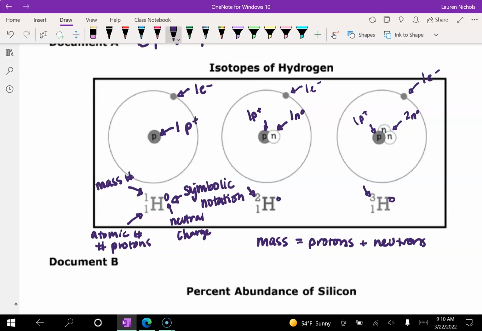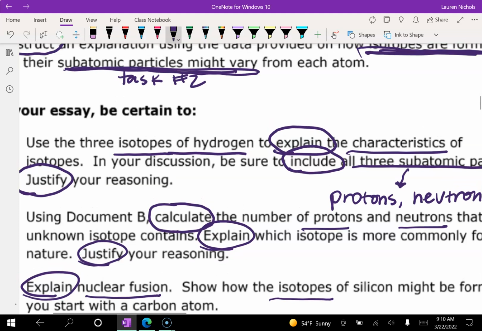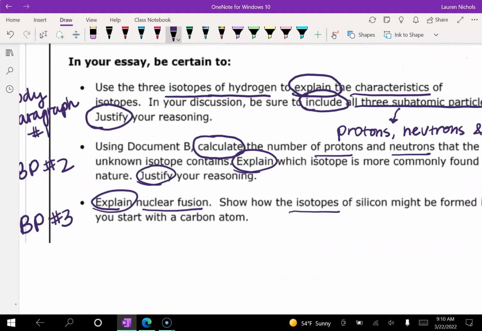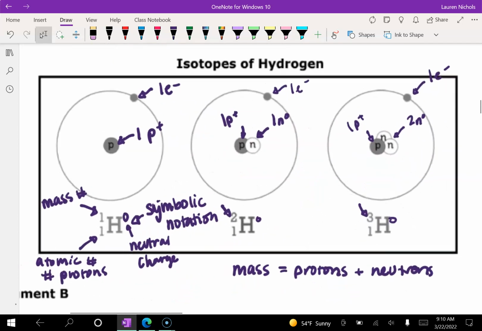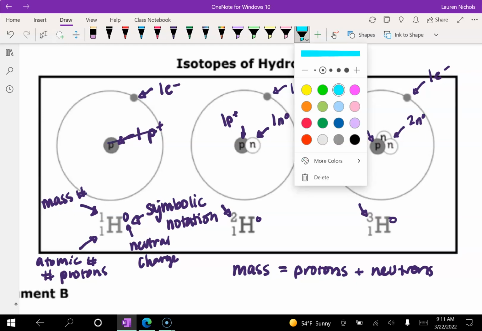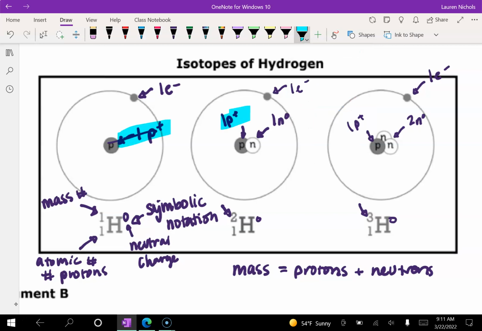When we look at the characteristics of isotopes, we can talk about what they have in common and what they have different. They have the same number of protons, which is why they're all hydrogen, because they all have 1 proton.